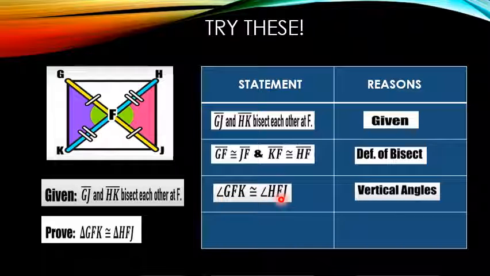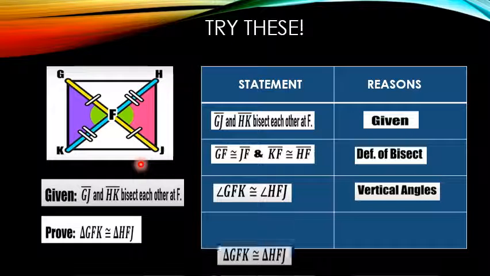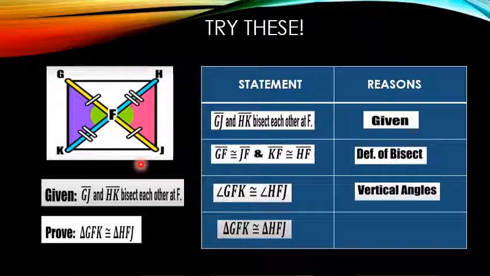This is the vertical angles, which have the common vertex here. And then triangle GFK congruent to triangle HFJ, so this is side angle side. We know that side angle side is the final answer for proving that triangle GFK is congruent to triangle HFJ.